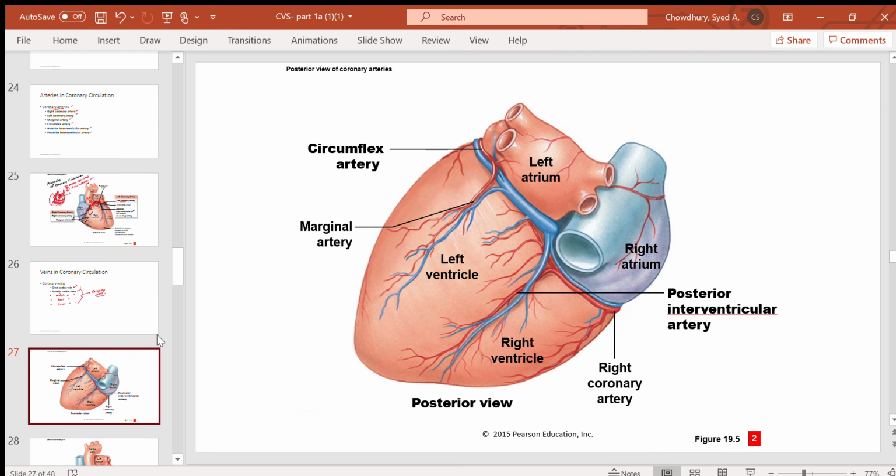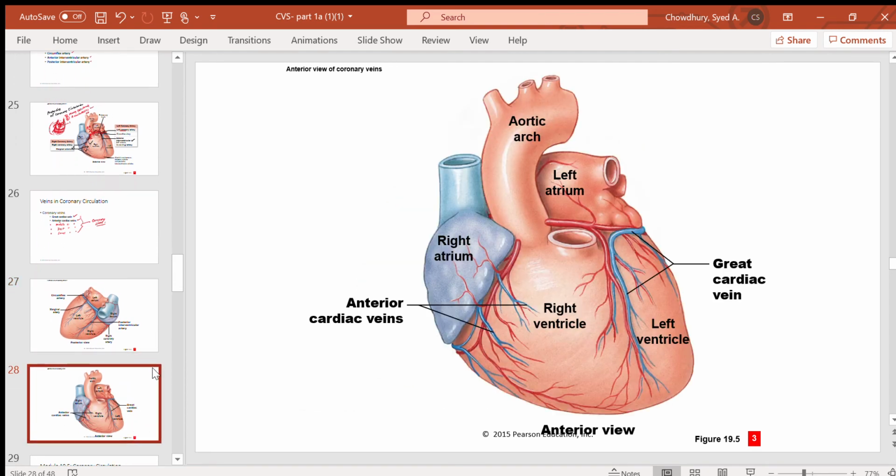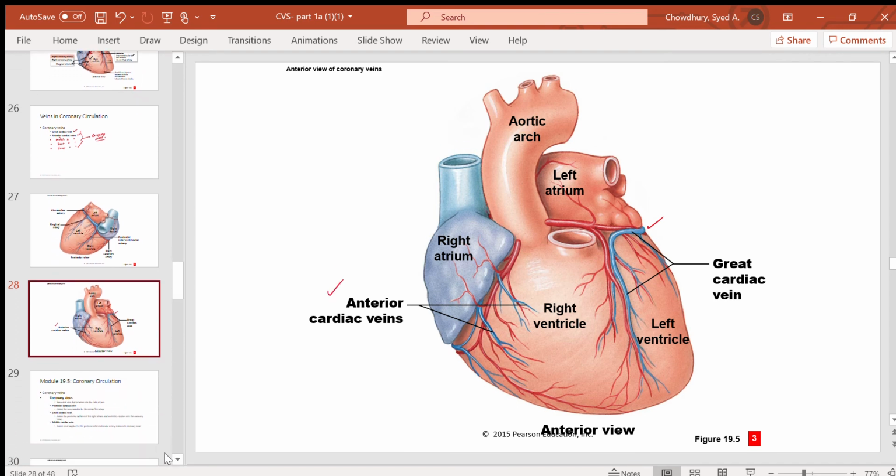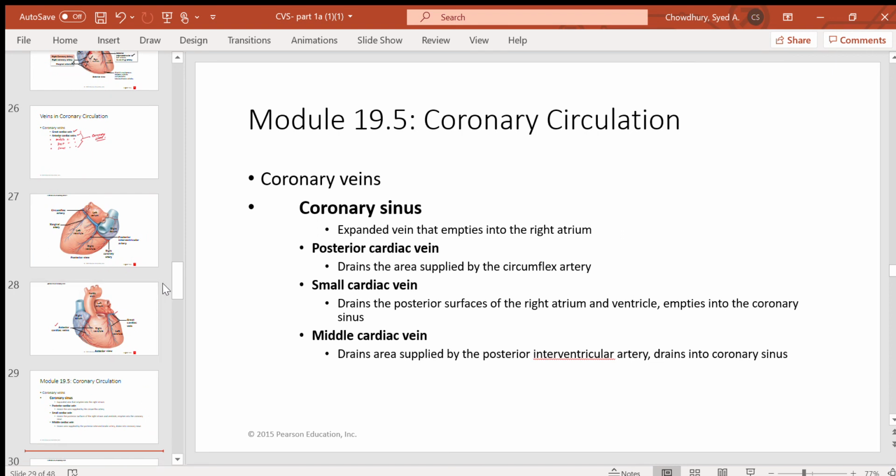Okay, so here you see they have shown the arteries here too. You can see the veins here. Okay, so great cardiac vein, you see this is the front view. Okay, anterior cardiac veins. Also you have other veins you can see in the back.